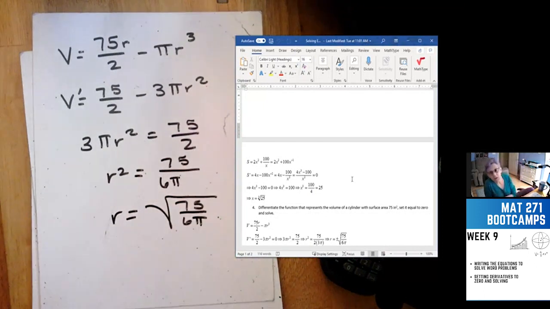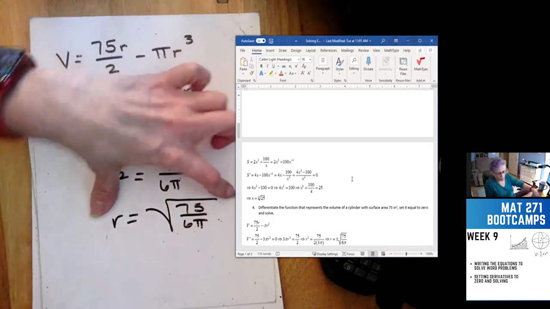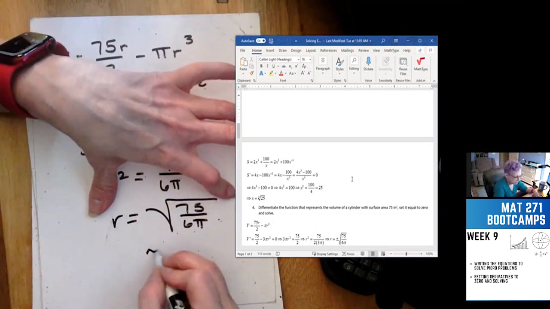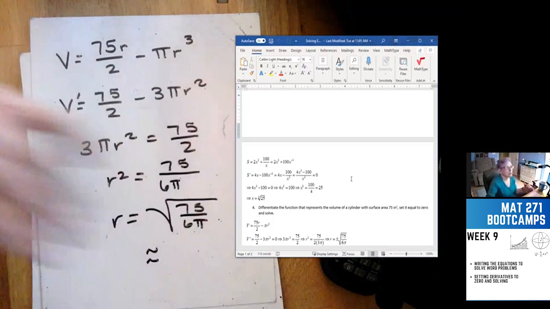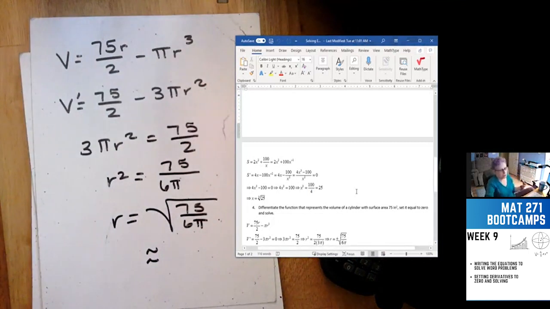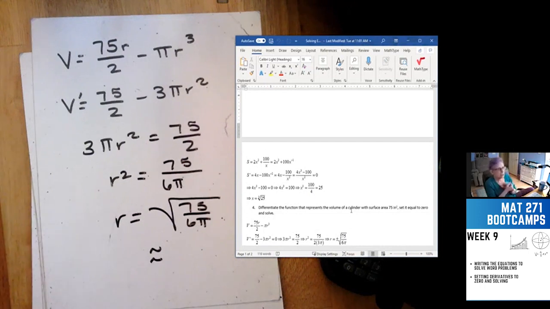And usually when you're doing your work, you'll want to show your answer like this, and then you'll plug it into your calculator and get an approximation, and then you'll write the sentence that the cylinder with the minimum volume would have a radius of something point something inches. After you do this, you're going to have to check and be sure that it's a minimum, though.